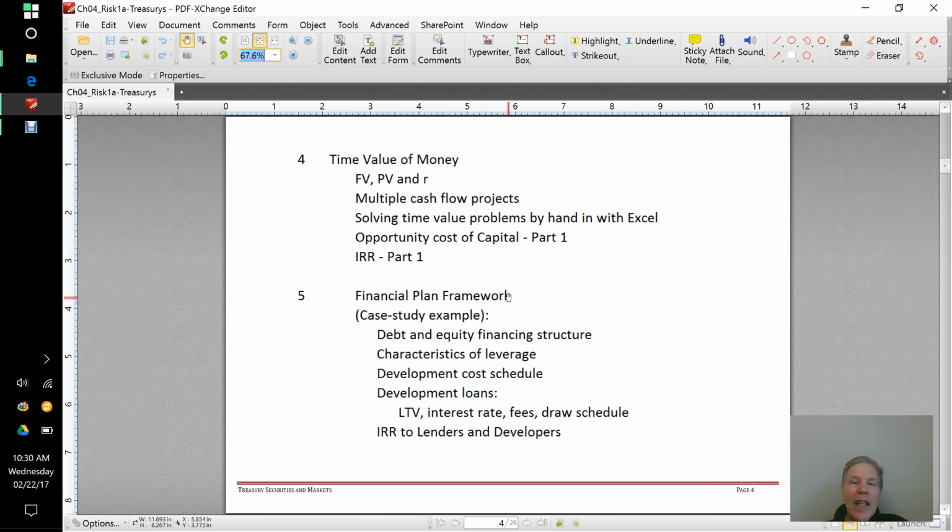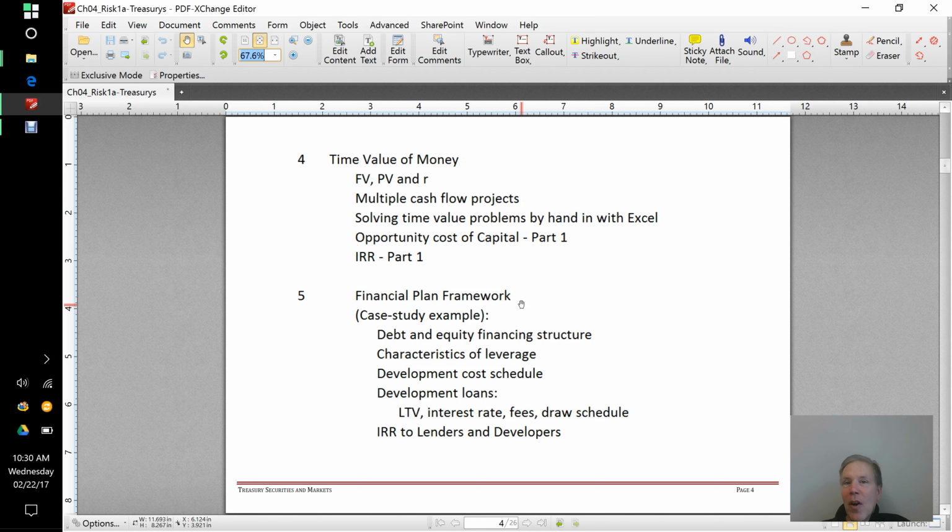And then that enabled us to bounce back to our design, build, or development type of projects and to look at those in a financial plan framework where we had a sponsor, equity investor, and also a lender.